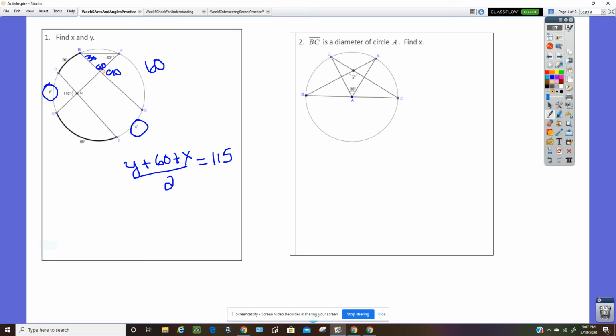So that's one equation we can write. And the other equation that we could write is that this is 90 also.